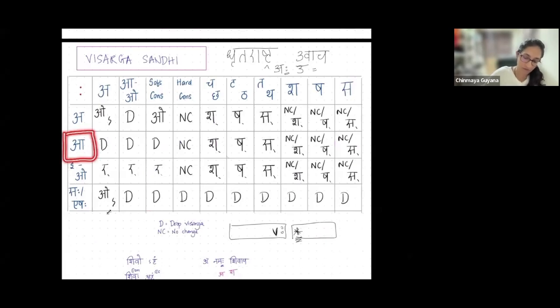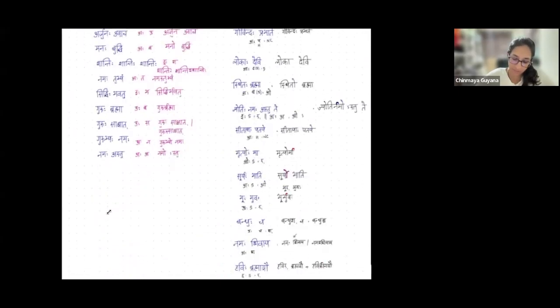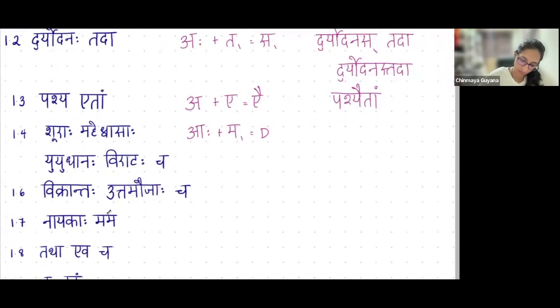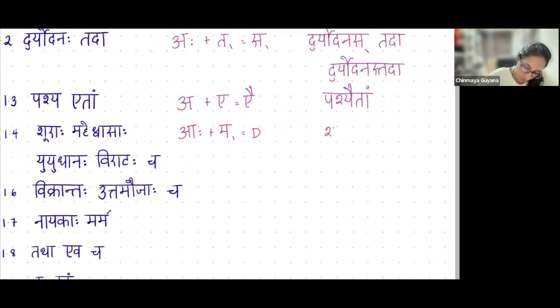Shuraha meeting Maheshvasaha. The answer is, Visarga is dropped. Aha plus ma halant equals dropped. Shura Maheshvasaha.